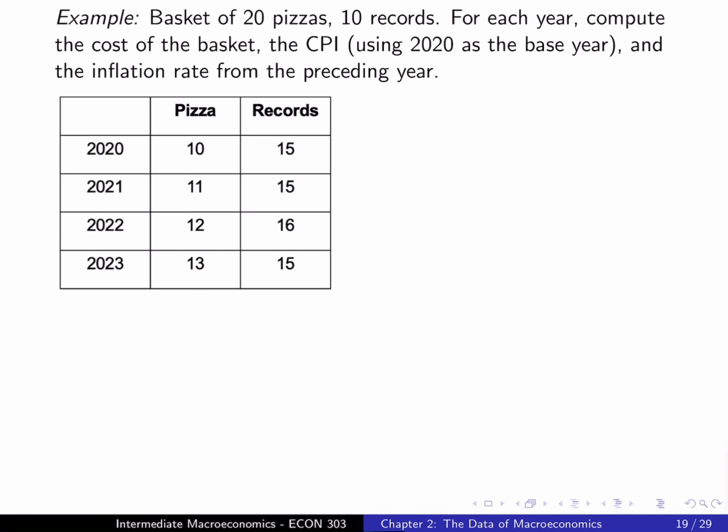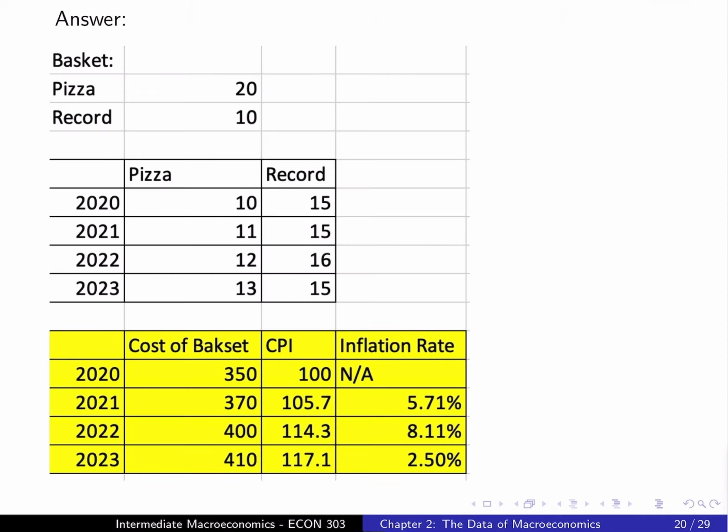Example: suppose a typical consumer's basket consists of 20 pizzas and 10 records. For each year, we will compute the cost of the basket, the CPI, using 2020 as the base year, and the inflation rate from the preceding year. Let's walk through how we compute the cost of the basket, the CPI, and the inflation rate step by step. 1. Cost of the basket.